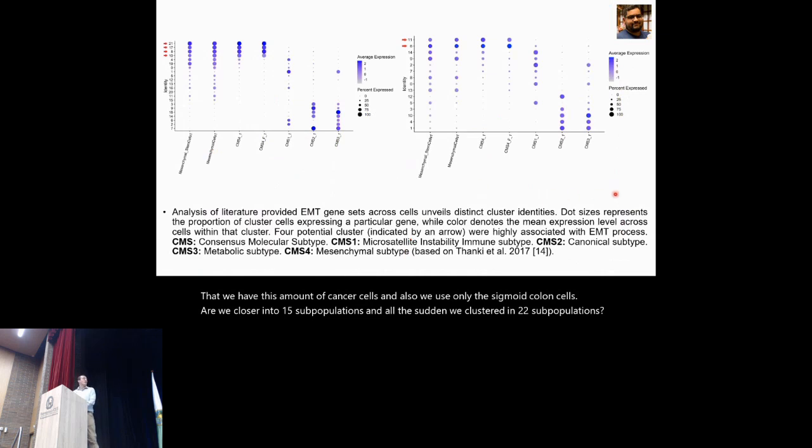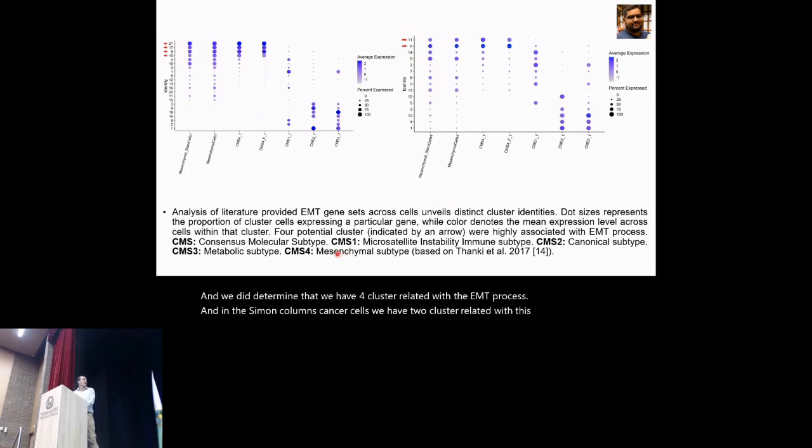Then we want to know what is the relationship between these clusters and the EMT markers. So we use a literature-based gene list to determine that we have 4 clusters related with the EMT process, and in the sigmoid colon cancer cells we have 2 clusters related with this biomarker.